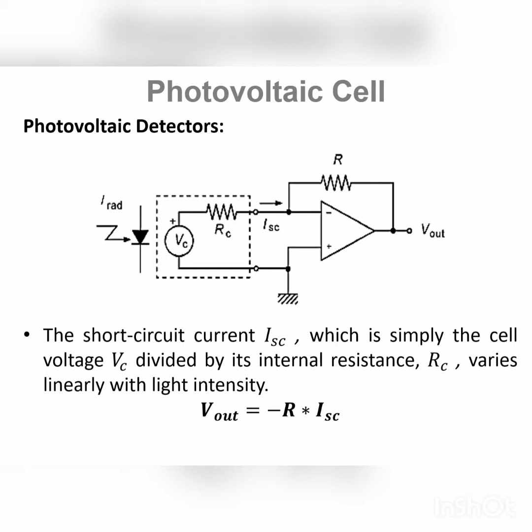So we can write the equation for the final output voltage as Vout equals minus R into ISC. Remember, the minus sign indicates the operational amplifier is configured as an inverting amplifier.